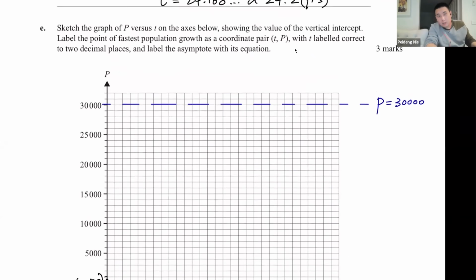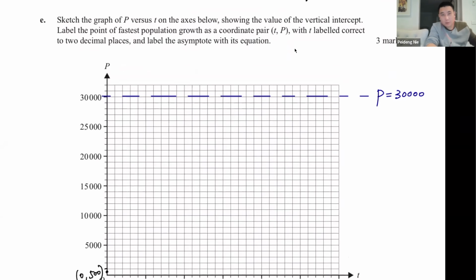And now label the point of the fastest population growth. I know the fastest population growth happens when P equals 15,000, half of that maximum carrying capacity, as a coordinate pair.